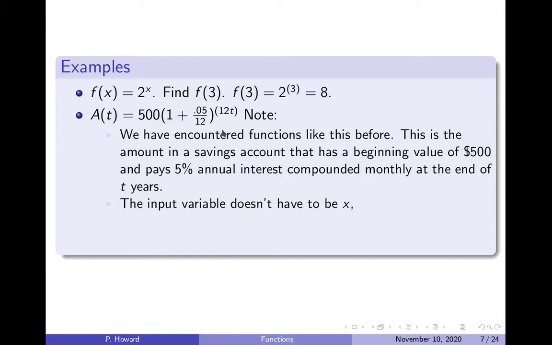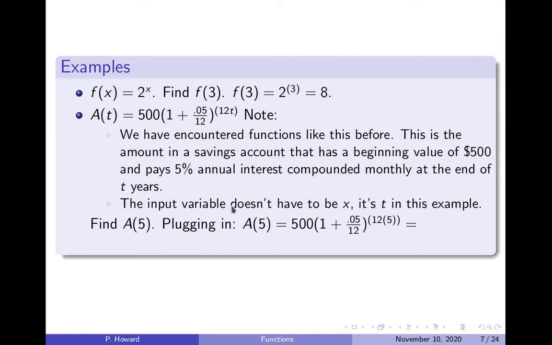So what I want to calculate is A of 5. In other words, I want to find the output for the function capital A when the input is 5. So what I have to do is replace t by 5 in the formula for A. By 5 in parentheses, that is. So plugging in t equals 5, we get this expression.